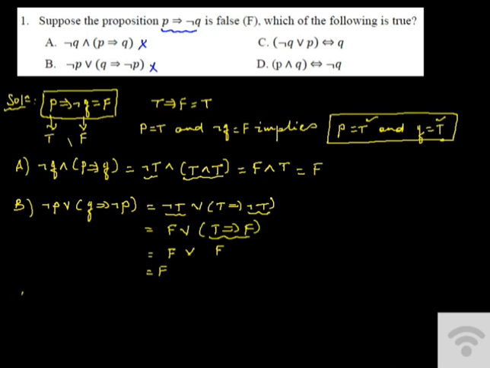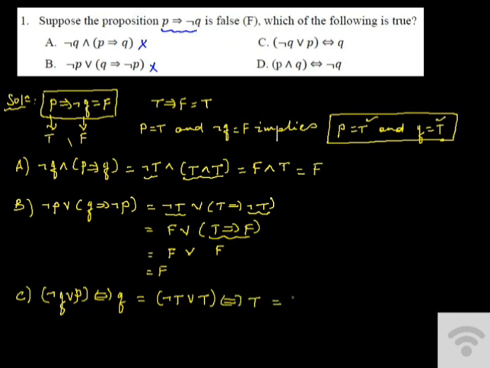Let's check for C. In C we have the negation of Q or P implies Q. Let us put their truth values. The negation of Q means false, or P is true, implies Q, which is true.